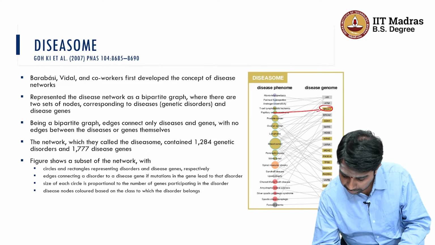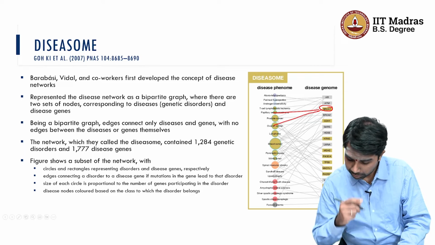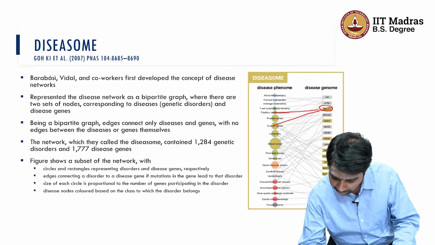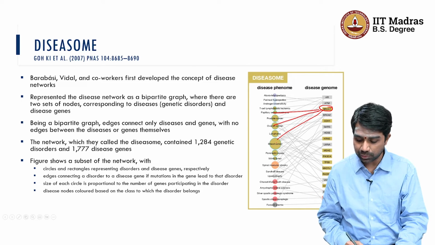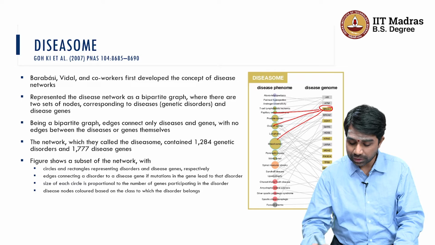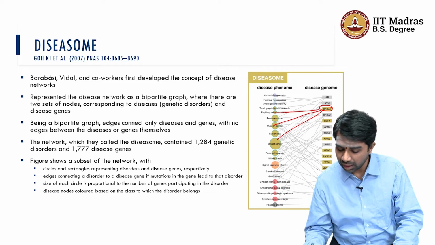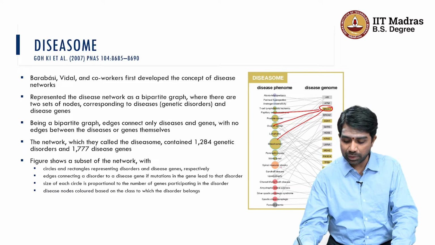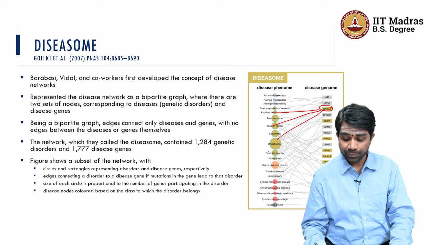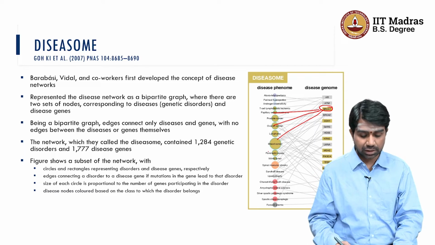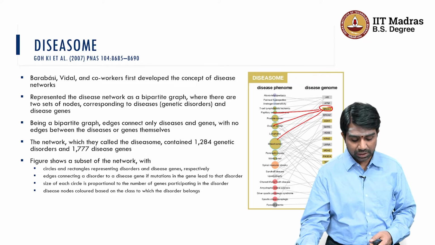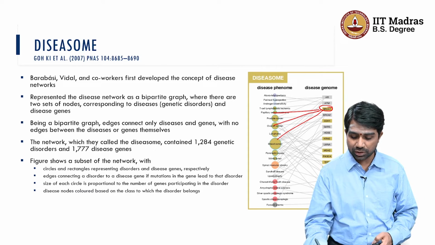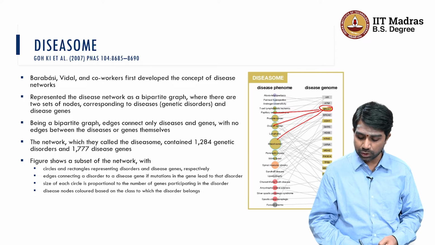So we can trace some of these edges. BRCA1 is most definitely connected to breast cancer. It's a famous gene that some of you may have heard about. You can see this is a many to many connection. There are many genes that are involved in the same disease, and in multiple diseases as well. So it's quite complex. The disease nodes are also colored based on the class to which the disorder itself belongs.